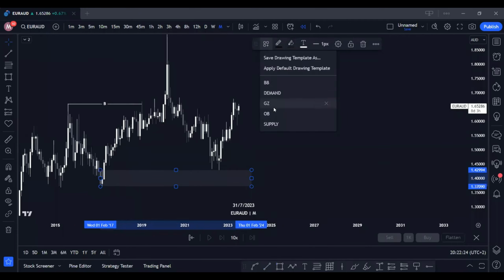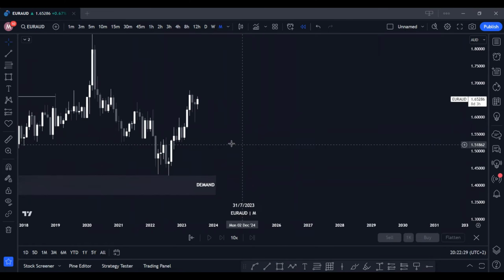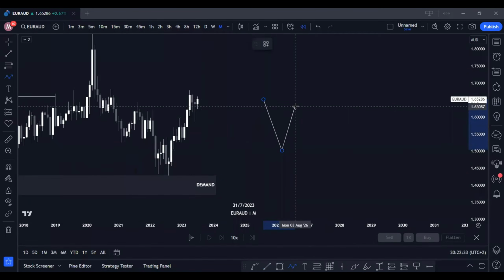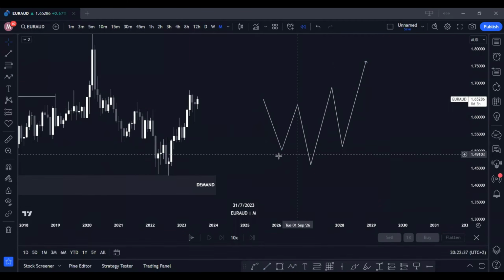Okay, and immediately when price taps us into a demand zone, we're looking for something like this, a change of character, so that price can shift from a bearish trend to a bullish trend.